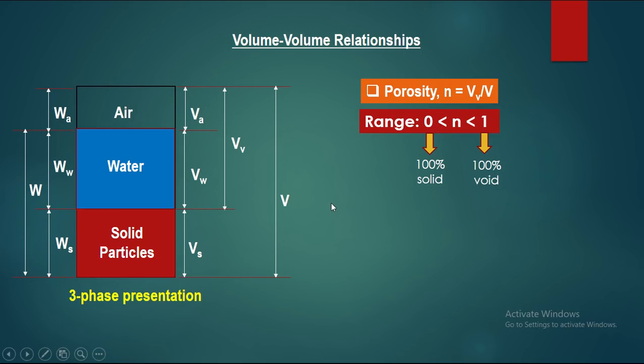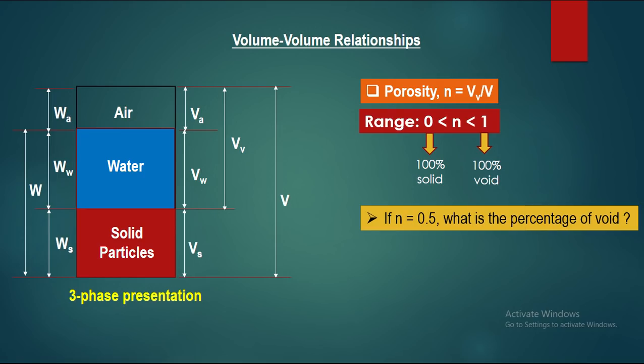So let us, for better understanding or to develop more insight, consider a very interesting question. I always tend to ask this question to the students in the interviews: if n is equal to 0.5, what is the percentage of void in the soil mass?